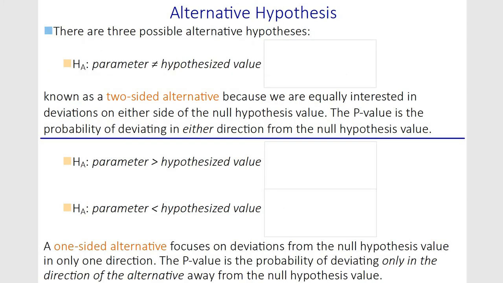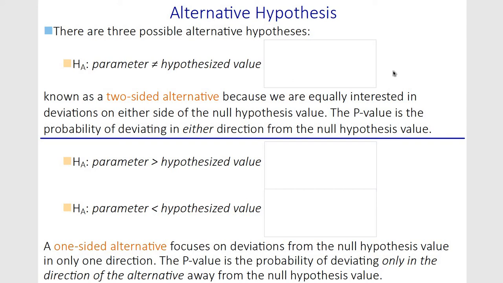There are three possible alternative hypotheses. The first one is a two-sided alternative. That's when you say that the parameter isn't equal to the null value, so it doesn't matter if it's greater than or less than. It's two-sided because we're interested in either side of the null hypothesis.